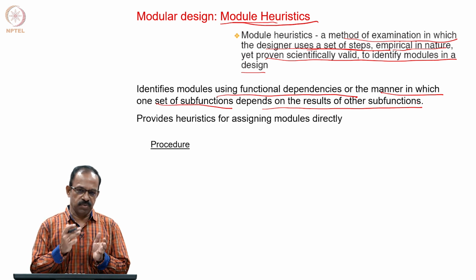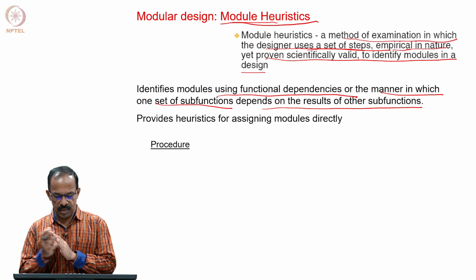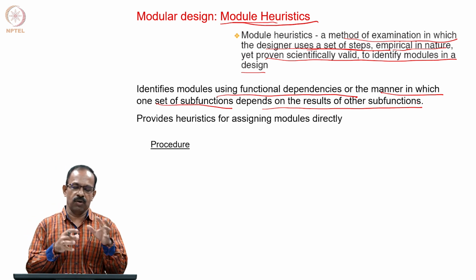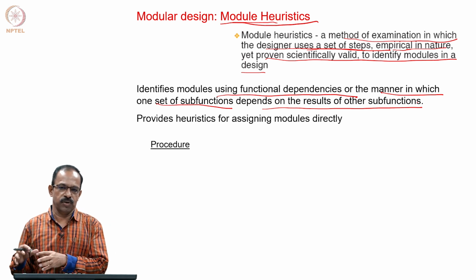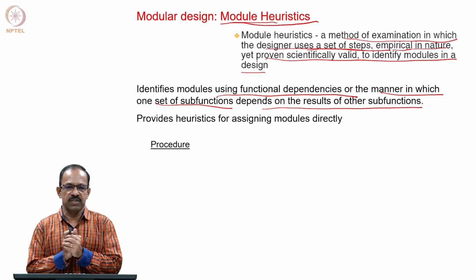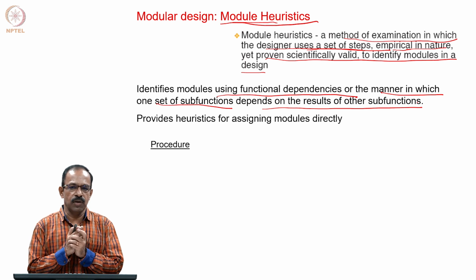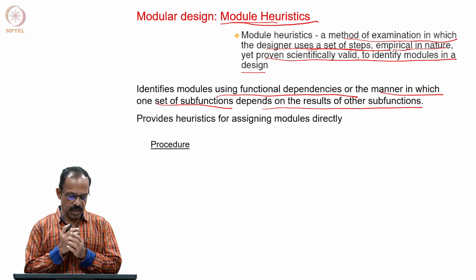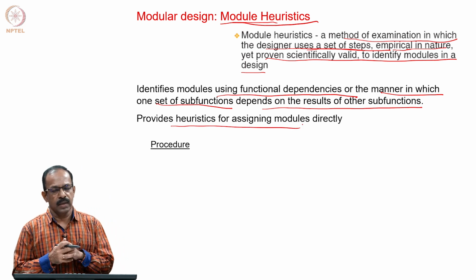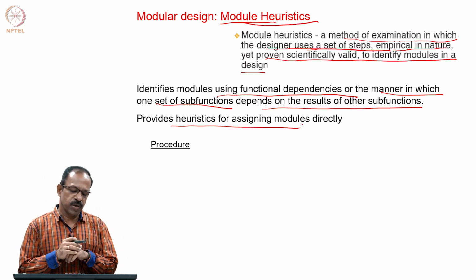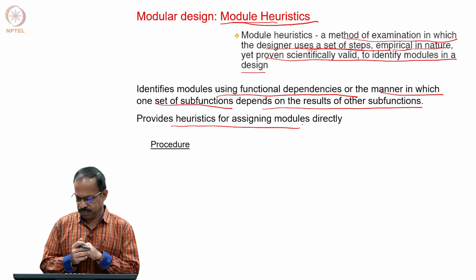How the results from a particular group of subfunctions go to another set of functions and how they depend on each other. So, these are the things that we look at in the heuristics method, and based on this we identify the main heuristics to be used for identifying the modules.